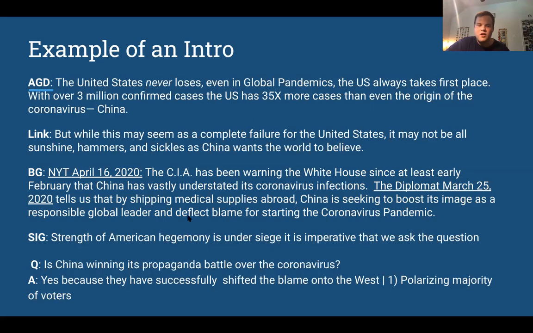And because of this, we can see that the strength of America's hegemony, I cannot pronounce the word hegemony, is under siege, and it is imperative that we ask today's question: is China winning its propaganda battle over the coronavirus? And the answer is a clear yes, because they have successfully shifted the blame onto the West by first polarizing the majority of voters, second, blah, blah, blah, and third, blah, blah, blah.